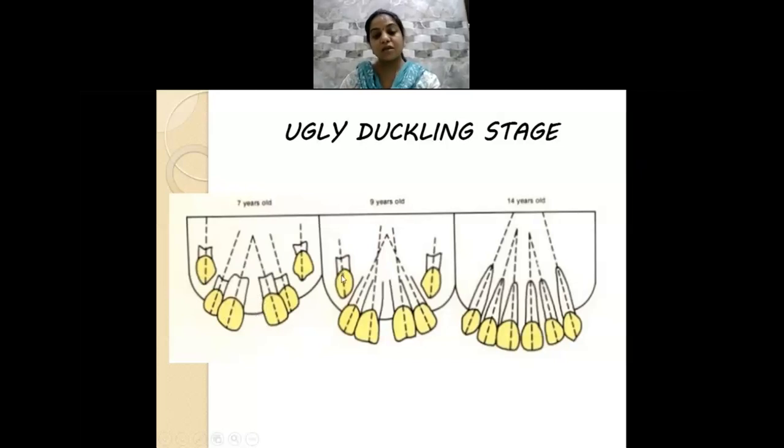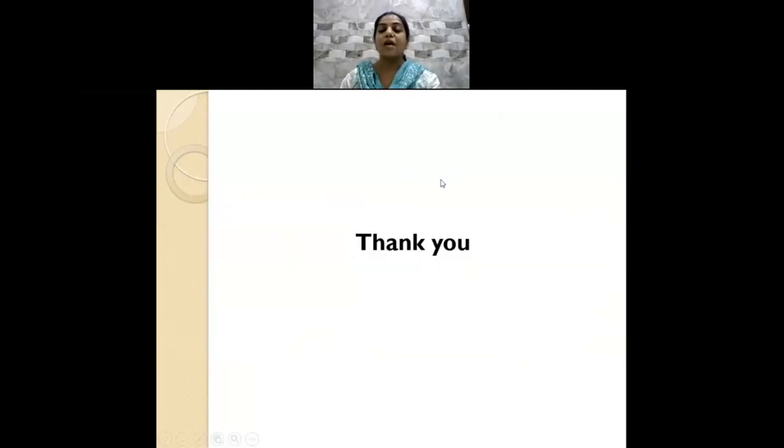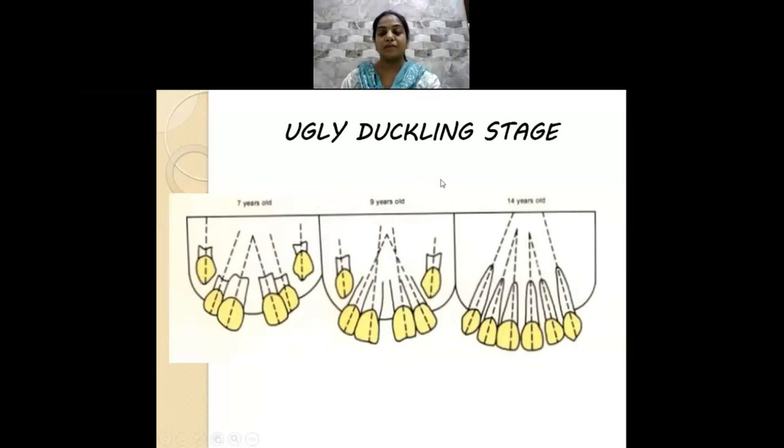As the canine keeps erupting, it again applies pressure over the crown of the lateral incisor and consecutively on the central incisor, because of which the space closes. So the problem is created on its own and gets corrected on its own. That's why the term self-correcting anomaly has been given to this stage. This is also called the ugly duckling stage, or the broadbent phenomenon.